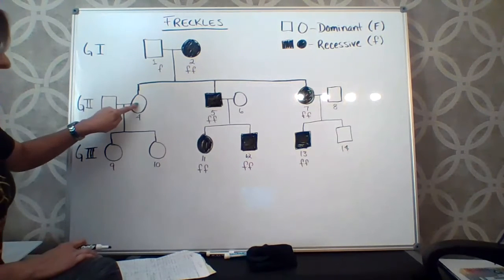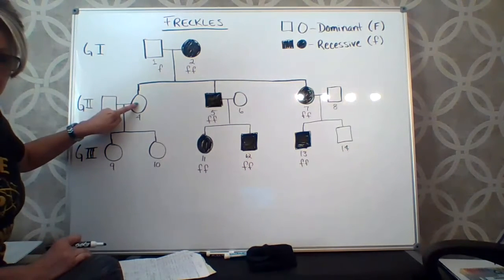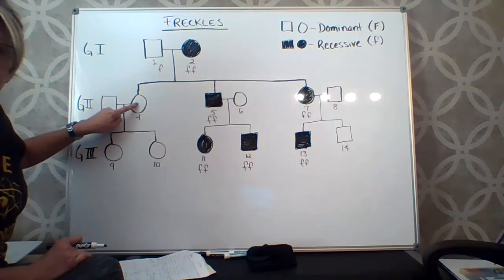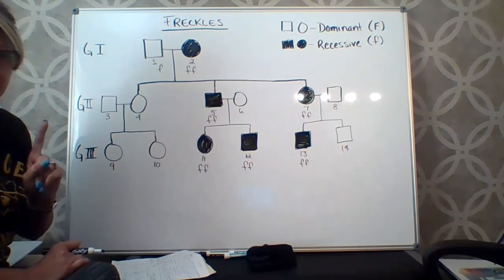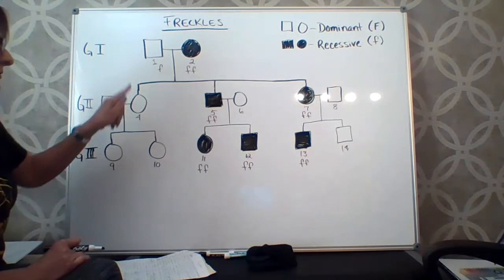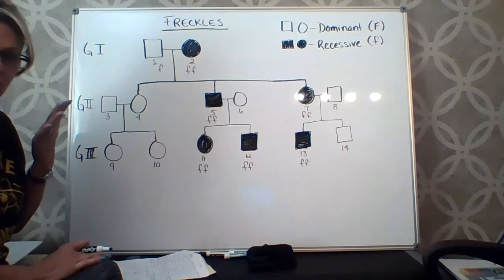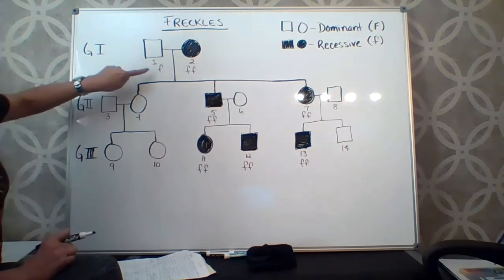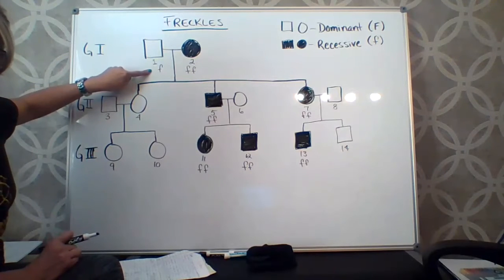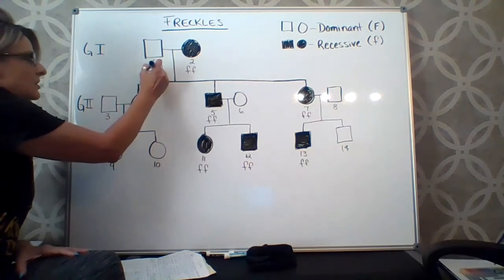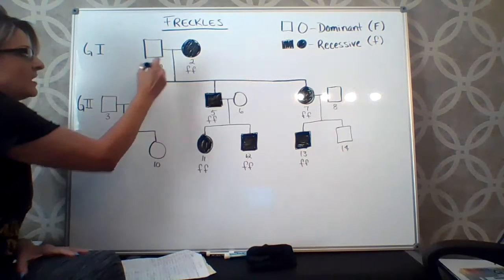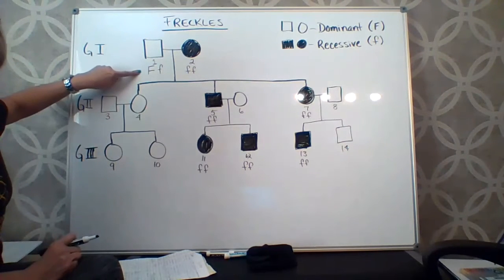But he also has a child here that does not have freckles, which means she has to have at least 1 dominant gene. Because if she got a recessive from each one of her parents, she too would have freckles, but she did not. So he has to be able to have a dominant gene that also could be shared with his children. So he is heterozygous.